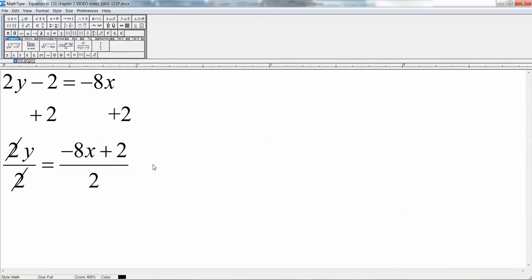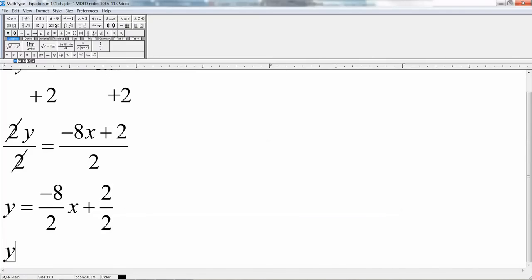So it's y equals, now what you want to do is break this up. So it's negative 8 over 2 plus 2 over 2. You got to do each one of them separately. I usually do this in my head, but if you're not as good a student as me, then perhaps you want to break it up and write them separately. So it's negative 4x plus 1. There's your equation right there.